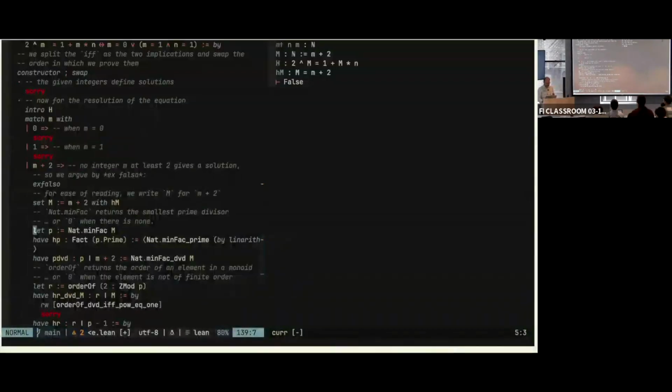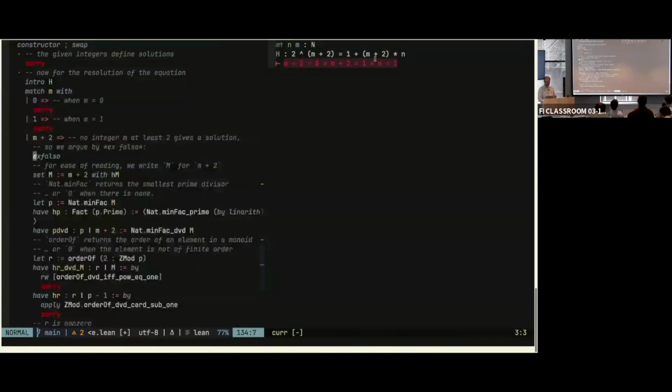When I said ex falso, I obtained that instead of proving this, which is what I want, it's sufficient to prove false, because false implies everything. Otherwise I would need to prove that m plus 2 is 0 or m plus 2 is 1. But it's impossible that this happens, so I won't prove that. I will prove false.